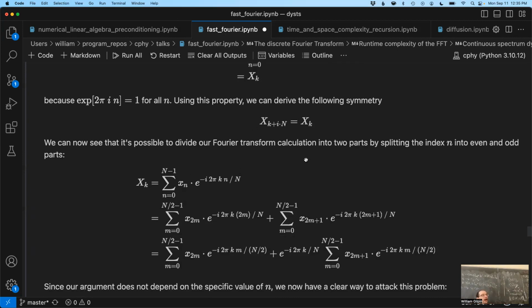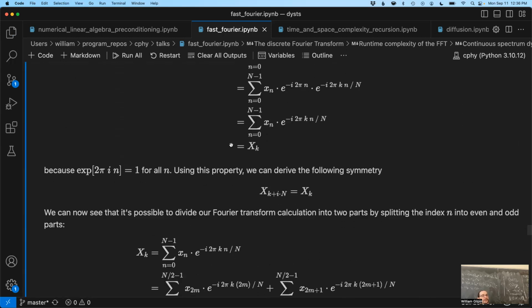But because of this property, I can actually simplify that by splitting this calculation into the sum of 2 terms that just require half of n. So in other words, I can reduce my computational requirement from having to do all n of these multiplications to just doing n over 2 plus this additional operation here where I combine these two.